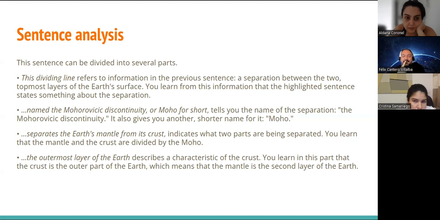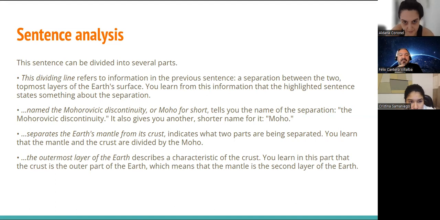The next part. Naming the Mohorovicic discontinuity, or Moho for short, tells you the name of the separation. The Mohorovicic discontinuity, it also gives you another shortened name of it, Moho.